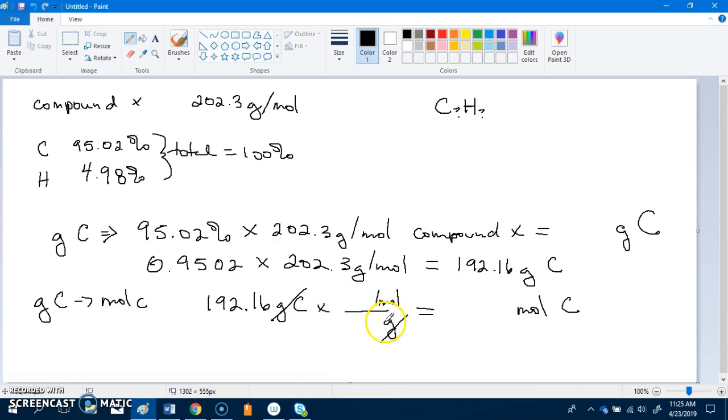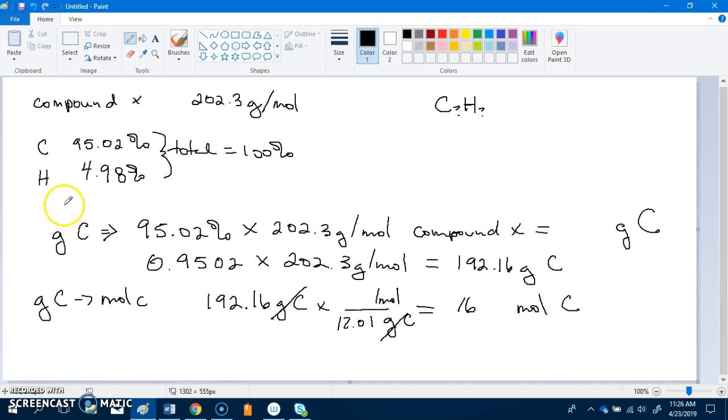And we know that for every mole of carbon, we can find the molar mass, which is 12.01 grams of carbon in every mole of carbon. So basically, in this conversion, we're taking 192.16 and dividing by 12.01, and that's going to give us 16 moles of carbon.